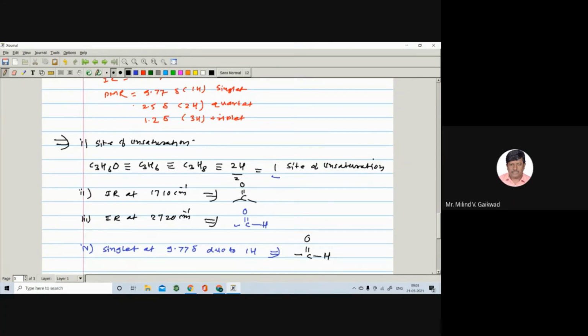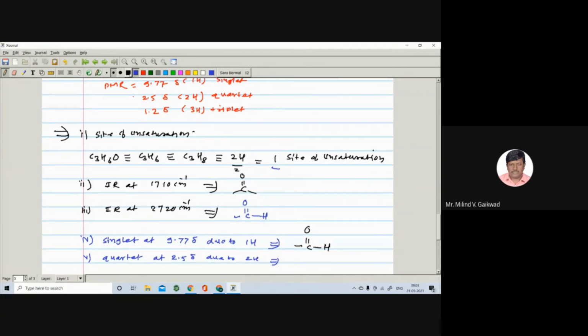Now number 2, quartet, right? So here is a quartet at 2.5 delta due to 2 hydrogens. It indicates that the 2 hydrogens are equivalent, right?